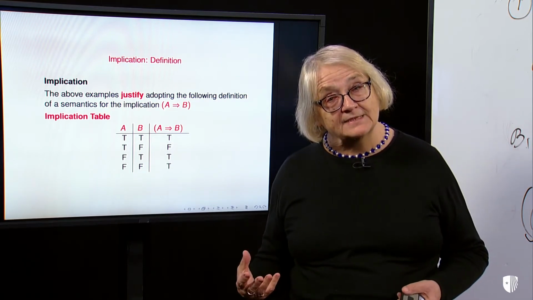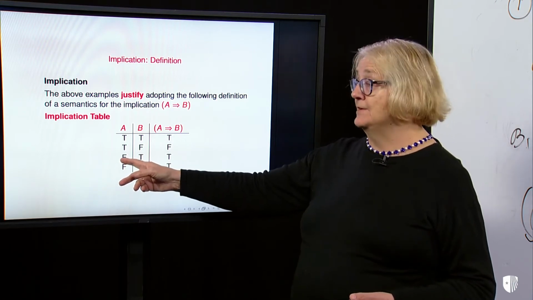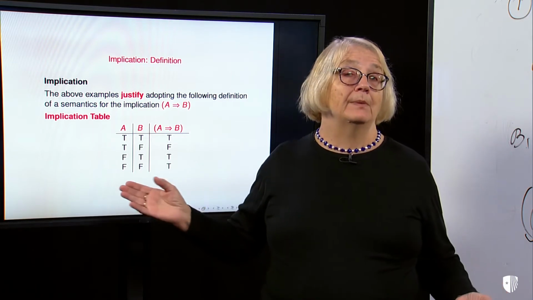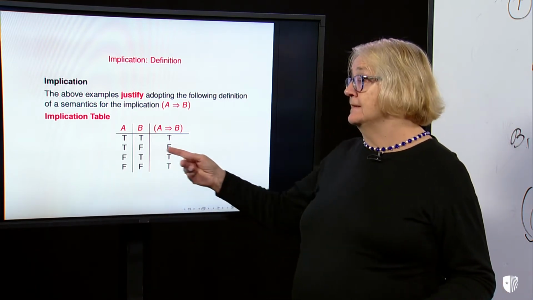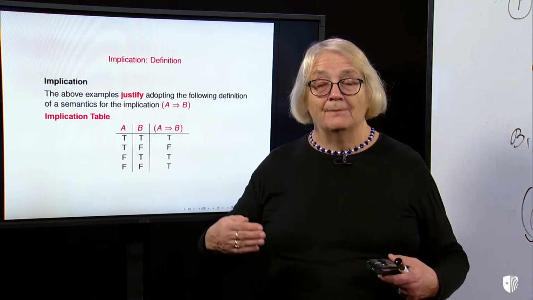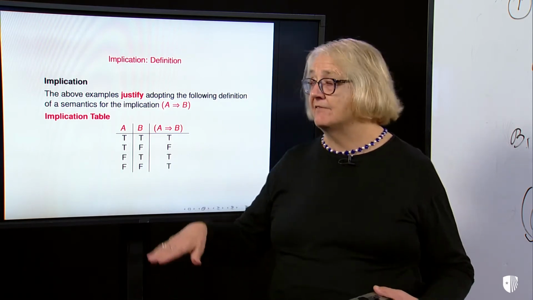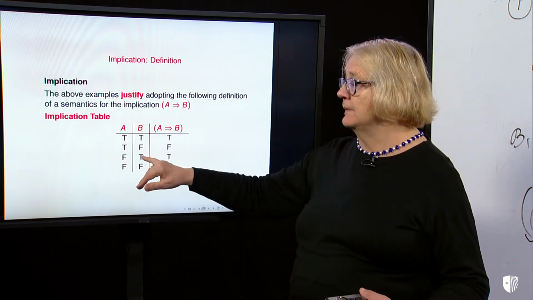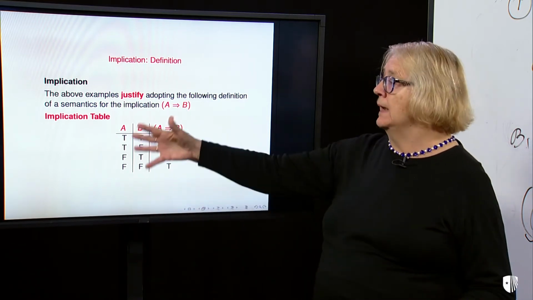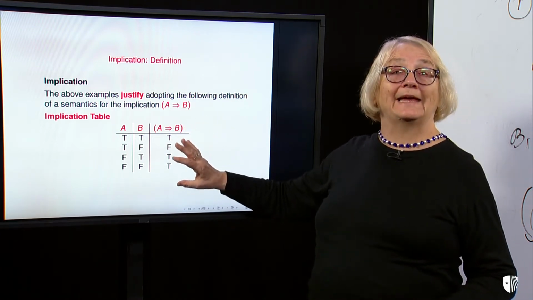You have to be convinced that a false statement implying true is true, and a false statement implying false is true. I'm going to give you an example that in mathematics we have those cases, that false implies true is true and false implies false is true. So that justifies that our classical implication would be like that.